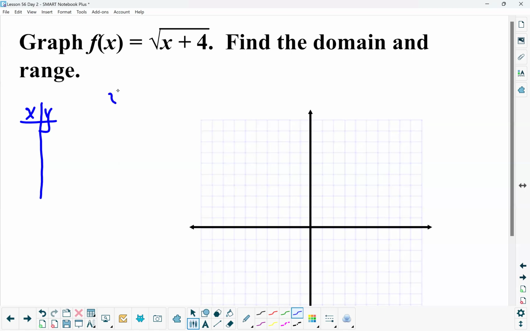In other words, where is x plus 4 equal to 0? Well, if I subtract 4 from both sides, it would be at -4. And you may remember that when we're adding inside of our function, like in this case, underneath the square root, that moves us left. Plus moves left.